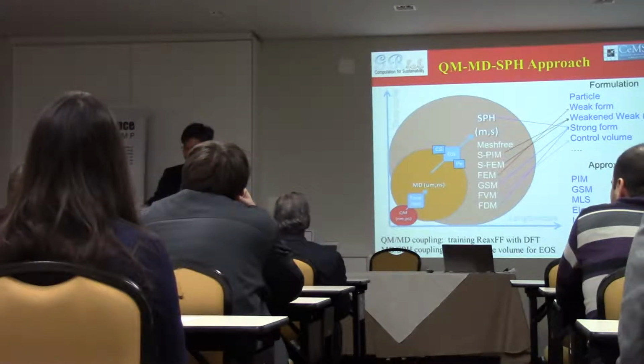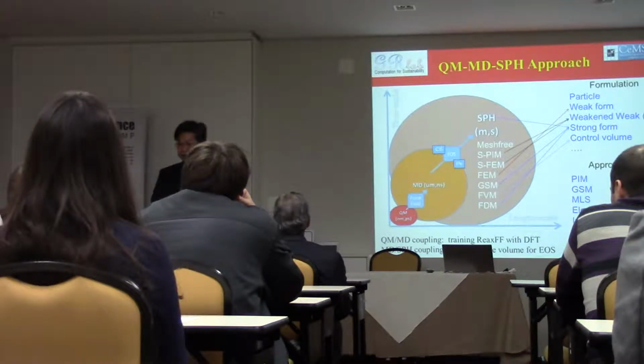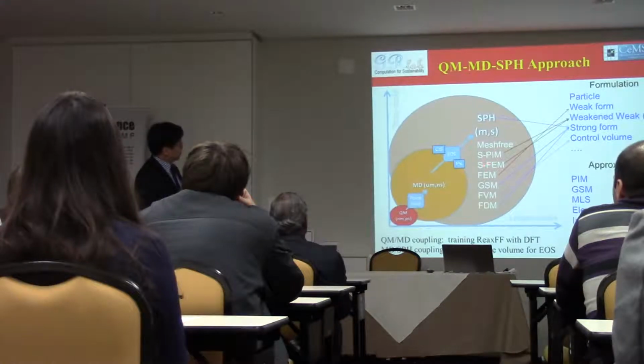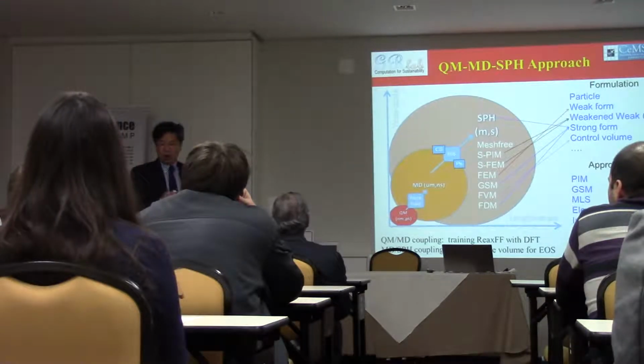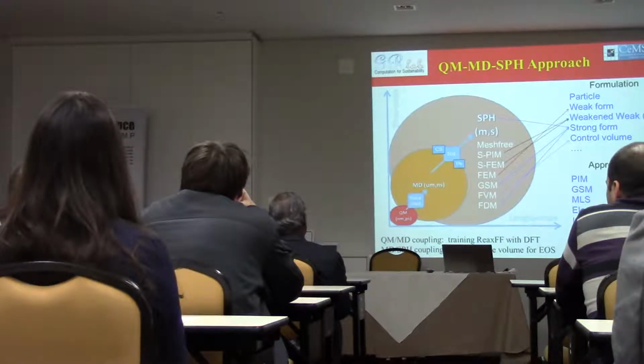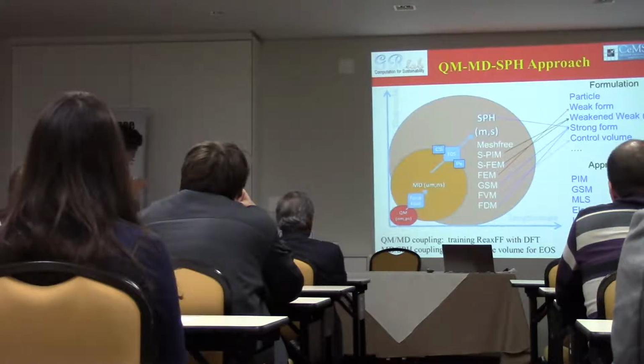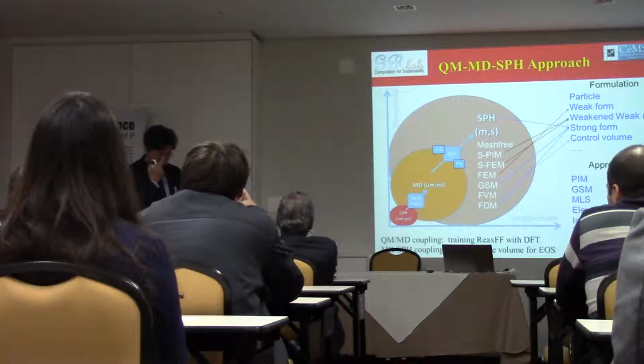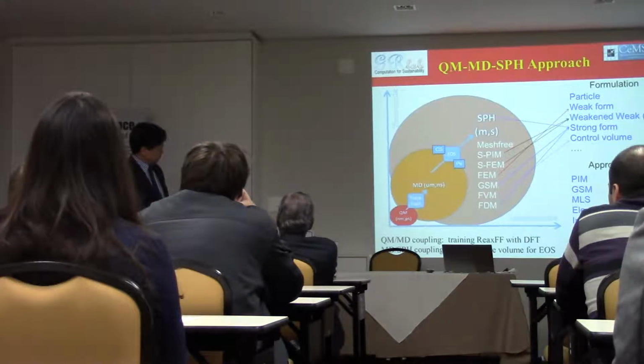I combined these two together and came up with the so-called smoothed finite element method. Both methods use a critical operation called smoothing operation. Because of that, we have the so-called weakened weak statement. In a later part, I will explain a little bit about the difference between the weak form and the weakened weak form. But let me just go further.